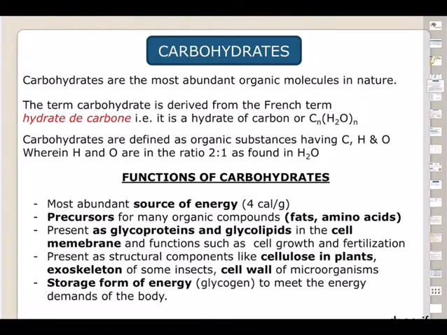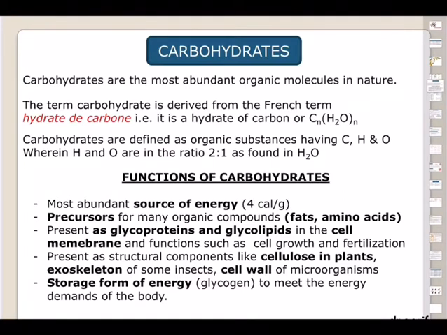Now in this session, we are going to come to another important biomolecule called carbohydrates. As the name suggests, these biomolecules are made up of three atoms: carbon, hydrogen and oxygen. So the basic structure is CHO, and the common formula is CnH2nOn.